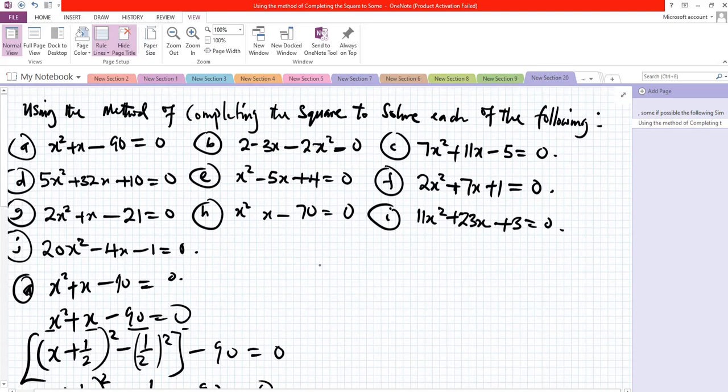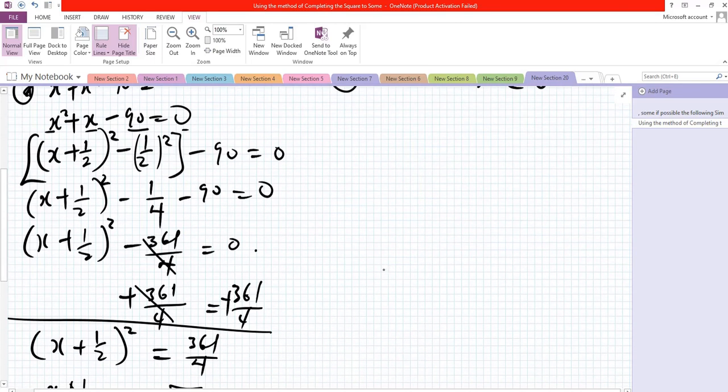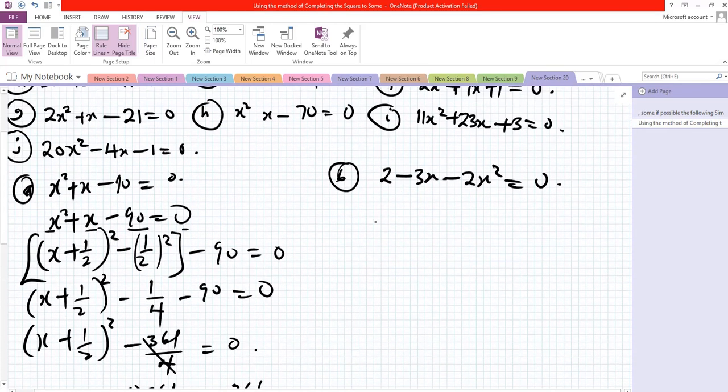Now we have the next one, b. b is 2 minus 3x minus 2x squared equal to 0. So using the complete square method, since the coefficient of x squared is minus 2, I'll use minus 2 to factor this.